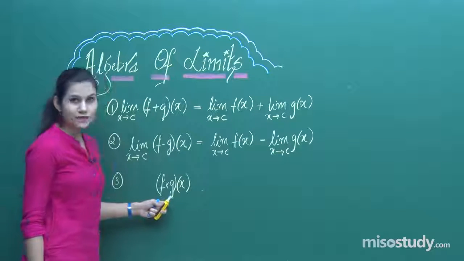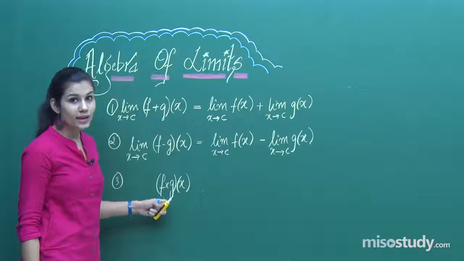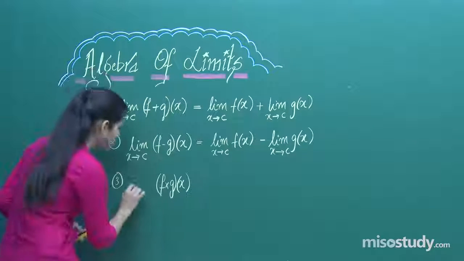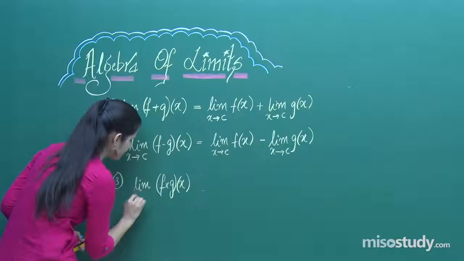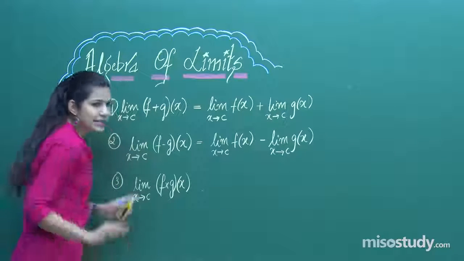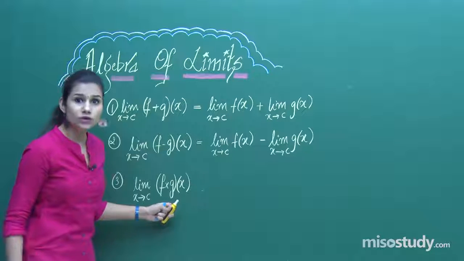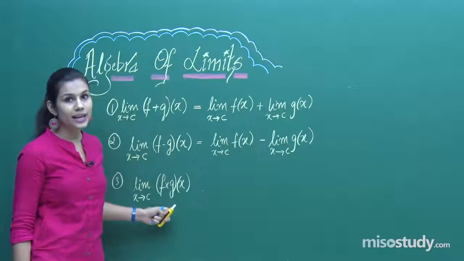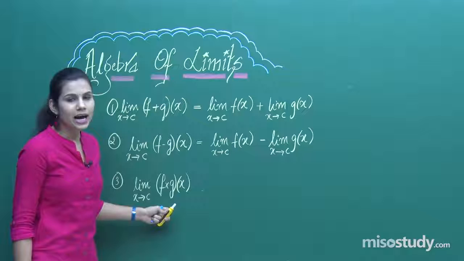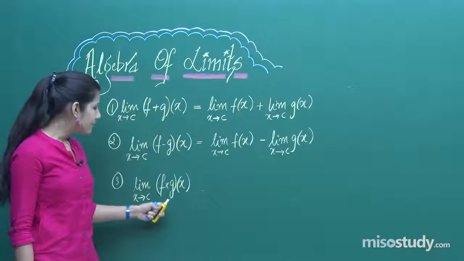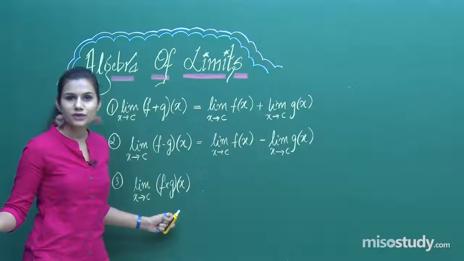Well, to evaluate the limiting behavior of f into g at C, what is enough for me? Sufficient for me is the limiting behavior of the two individual functions involved in this algebraic combination, and I will be able to give you the limiting behavior of this product function.